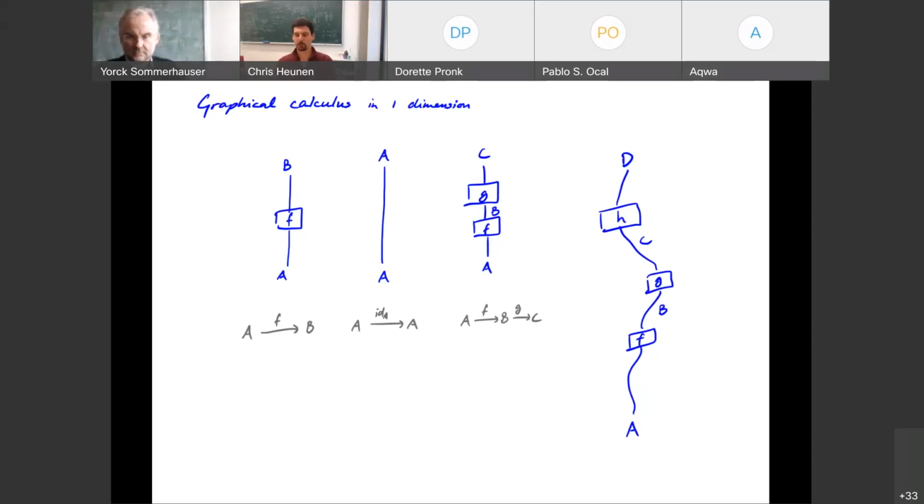I'm going to identify this picture with a picture where F and G are neatly on top of each other. So only the connectivity matters, not the length of the wires, not where the boxes are. You can't really loop wires around, but they can wiggle left and right a bit. All of that is fine. So if you just have categories, you have a graphical calculus to do computations, if you like, in this category that uses 1 dimension.